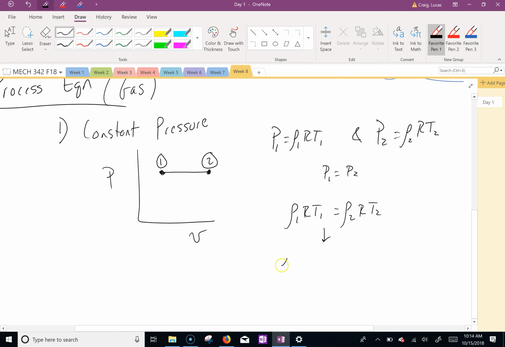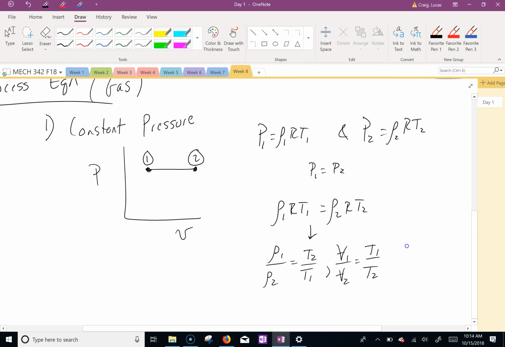And you end up getting relationships between density, temperature, and volume, and those are on the cheat sheet that I gave you.